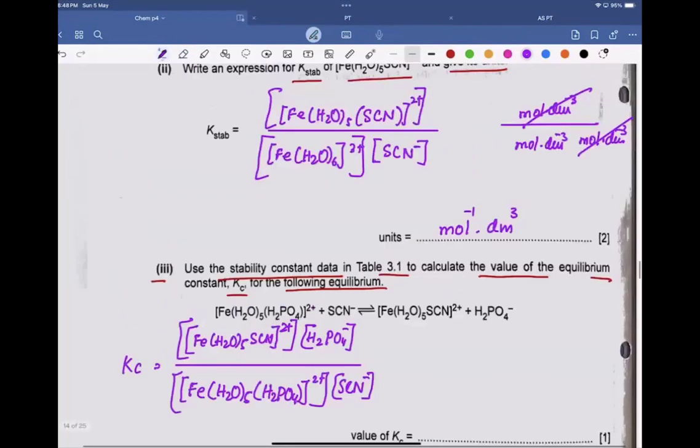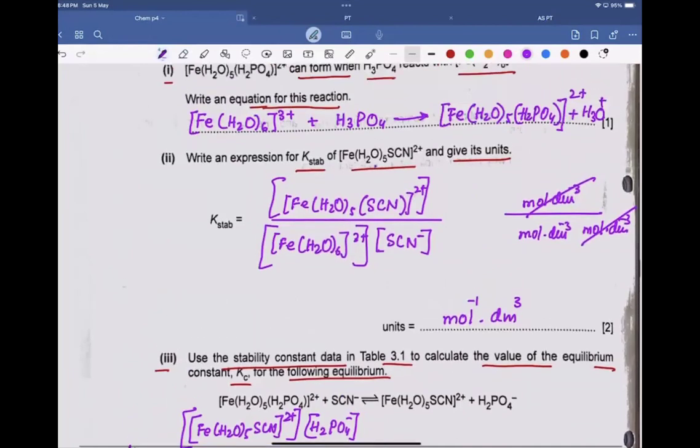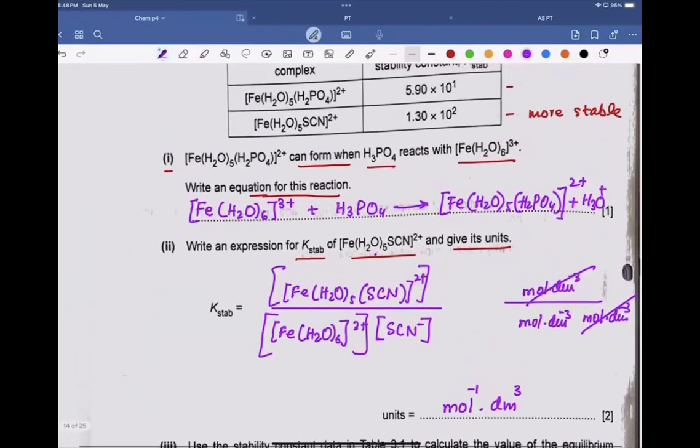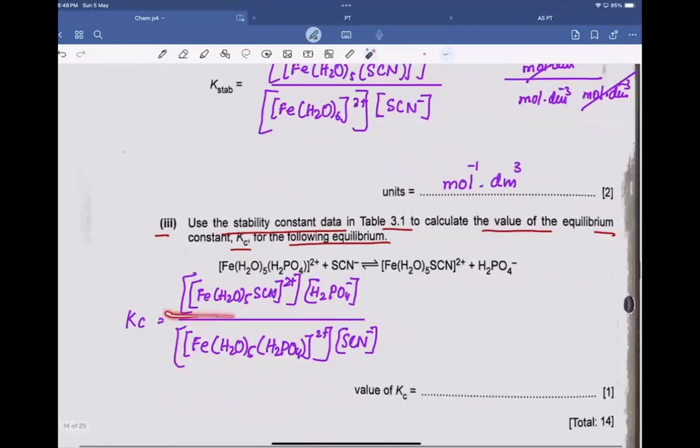Because if you see over here, it's the K stability value of this complex. This complex is in the numerator, right? And this complex is also in the numerator over here.